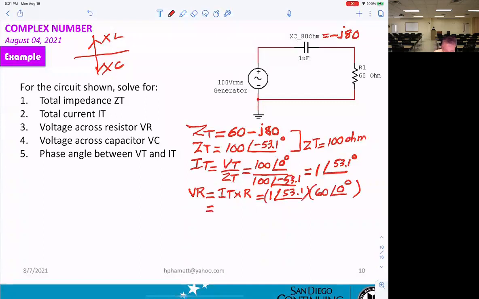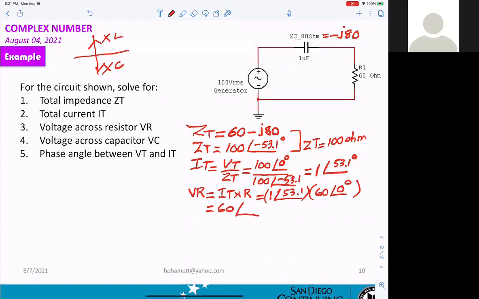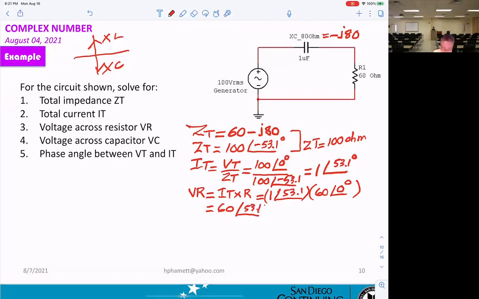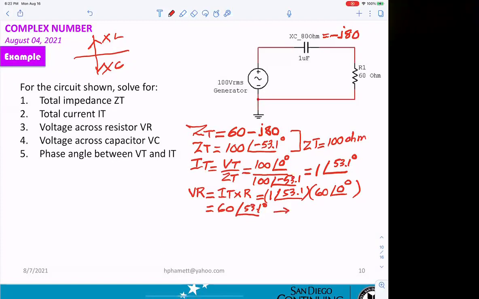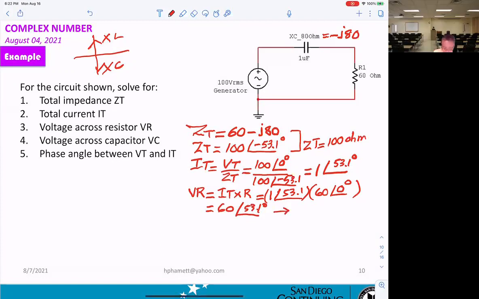Now, what have they given you? 1 times 60, right? 60 angle 53.1 degrees.